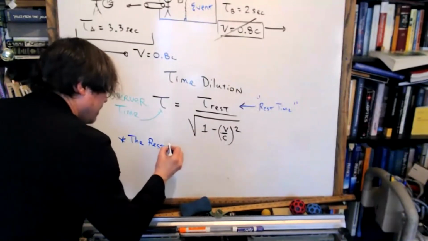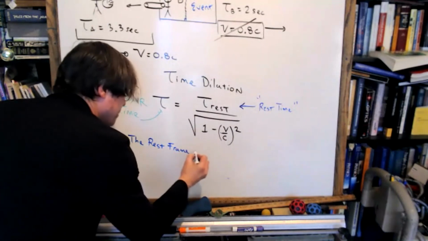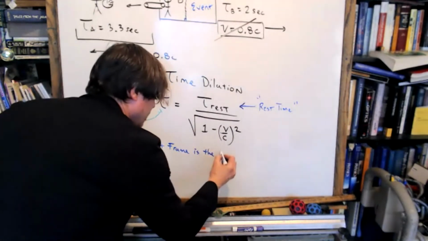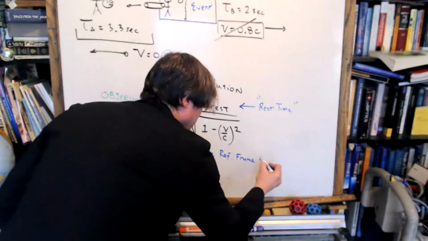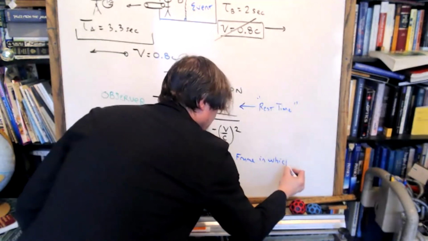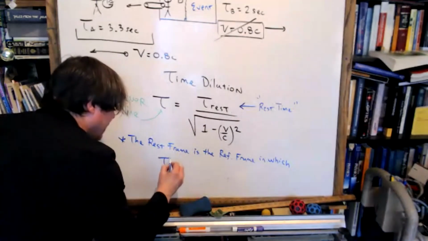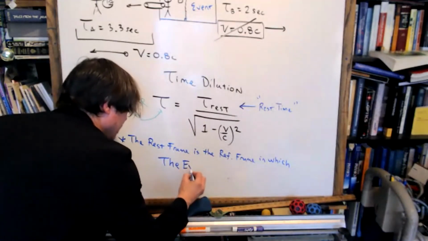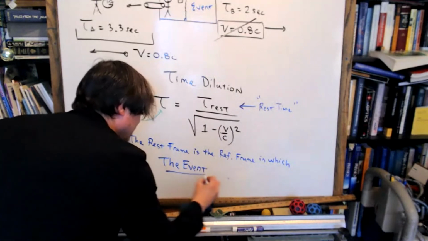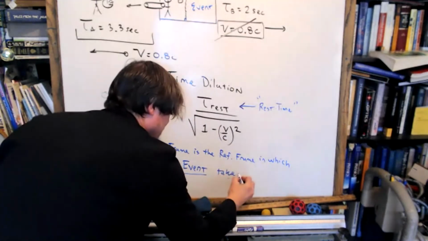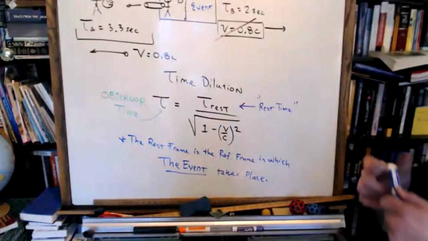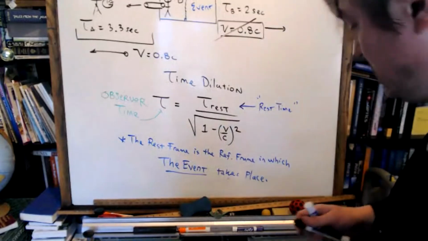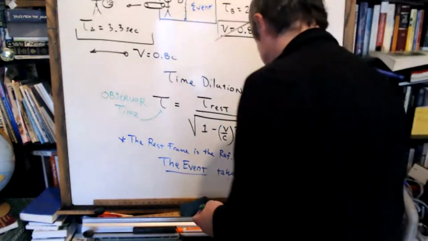The rest frame is the reference frame in which, and here I'm going to use that loaded term again, the event takes place. And if you can understand that statement, then you've gone a long way to understanding the weirdness that is special relativity.